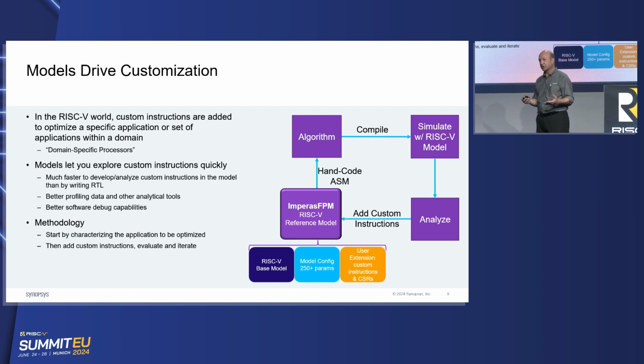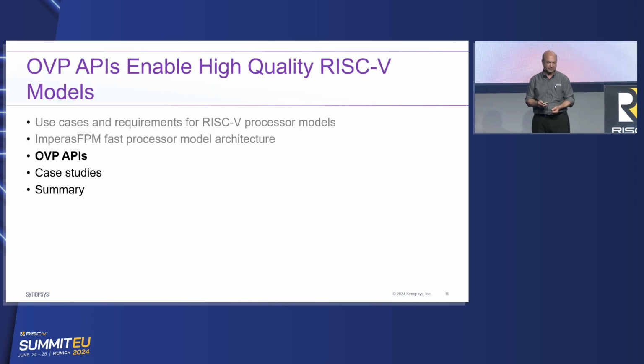It's a lot easier to add custom instructions into the model than into RTL. It's a lot easier to run your application on that. You've got analytical tools available, and so we can create this nice iterative loop: analyzing the application and creating a baseline, adding the custom instructions, analyzing those custom instructions, and then iterating. And that can be done quite quickly. So on to the APIs.